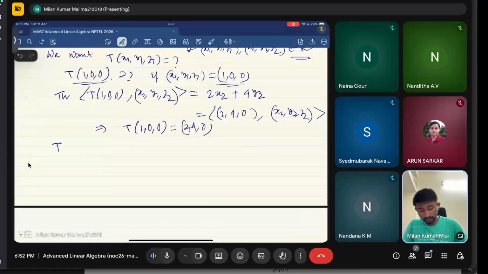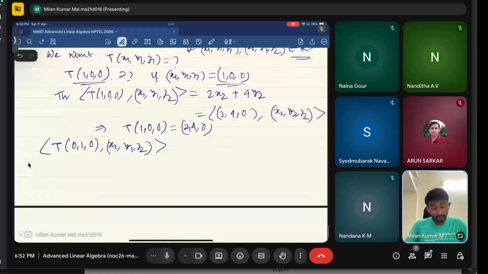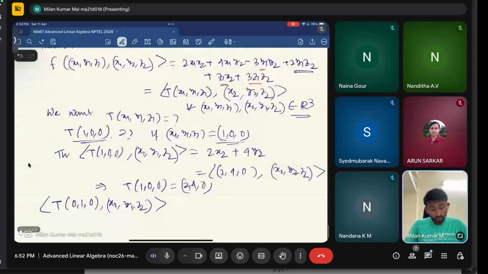Similarly, if I want to obtain T of (0, 1, 0) with (x2, y2, z2), then I have to replace x1 as 0 and z1 as 0. So x1 being 0 means those terms are going to be 0, and z1 being 0 means those are going to be 0.